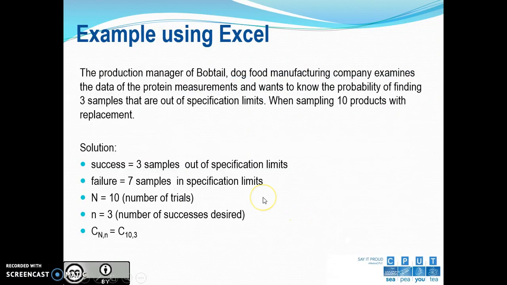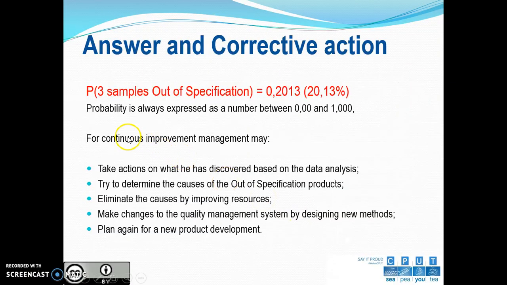that he got. Even though this probability answer is not alarming, no management wants to have out of specification products. So management uses statistics to make effective decisions and to make improvements in their company's work process.